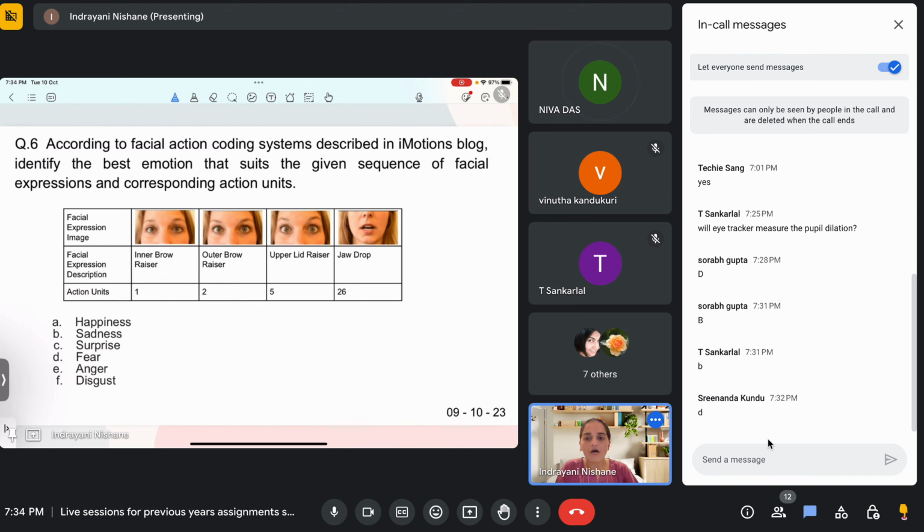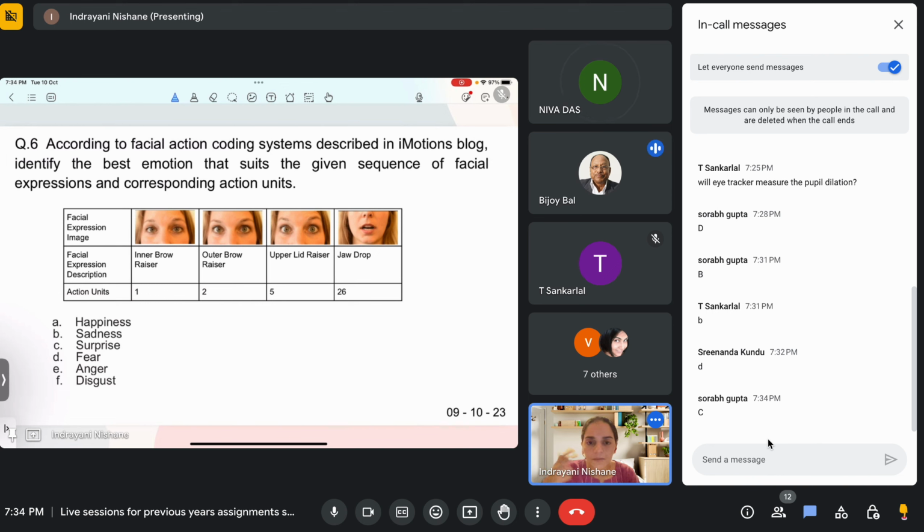So we have to match these facial expressions to the emotion the person in the image is showing when you consider them together. The first photo we will look at is inner brow raiser. For sadness, we have to consider 1, 2, 3, 4 together, not just 1 or 2.